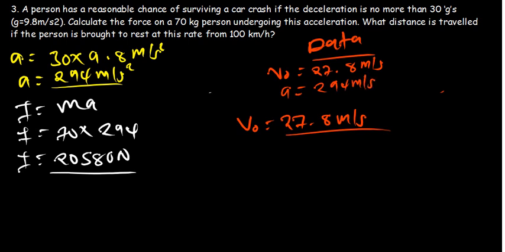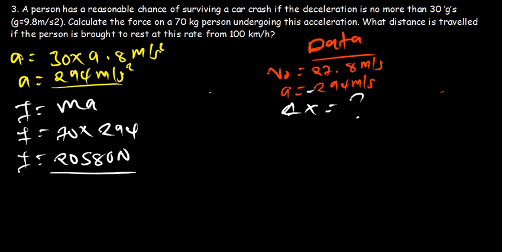What else do we have? Now, immediately when this person is brought to rest, the deceleration, as we can see there, what are we supposed to do? Since we are talking about deceleration, the acceleration is supposed to be negative. Immediately when you hear the word deceleration, acceleration is negative. Okay, that's what we know, and we don't know change in x. That is what we want to find, the distance.